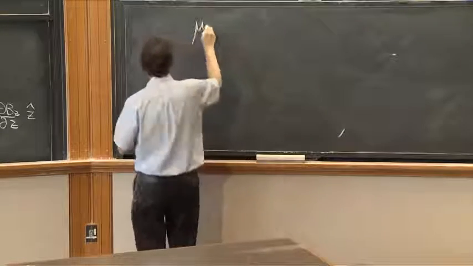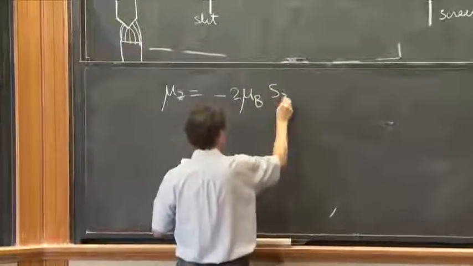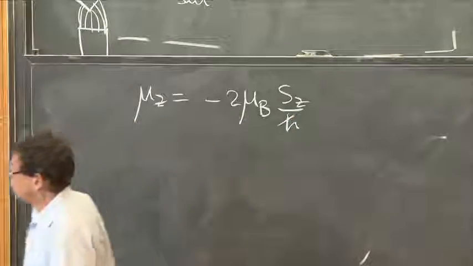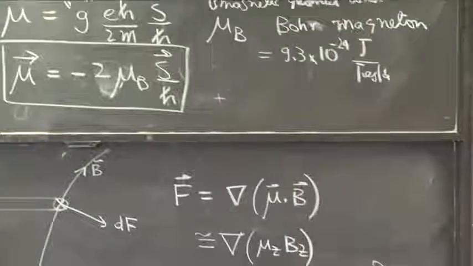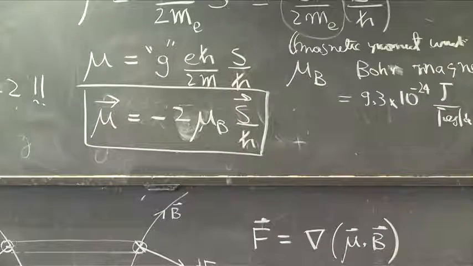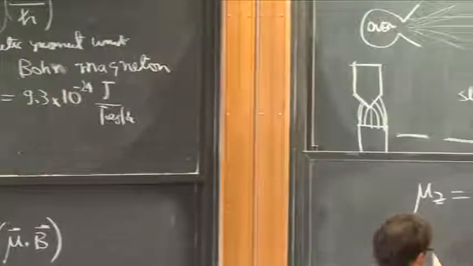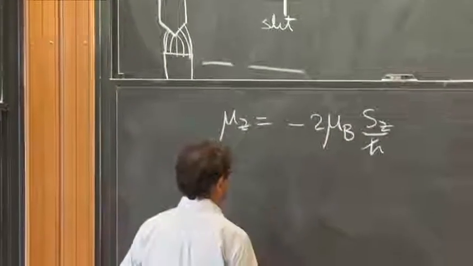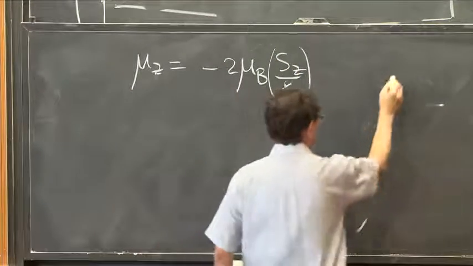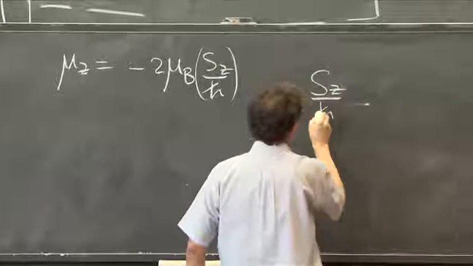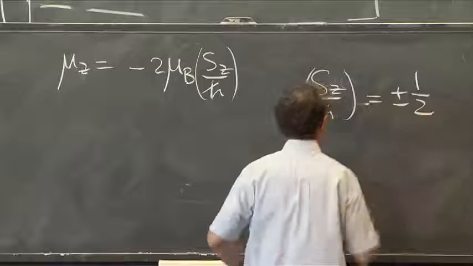but with the idea that mu_z is equal to -2 Bohr magneton S_z over h bar, which we wrote before. Well, if you know the strength of your magnetic fields, you can calculate the deflections. You know what mu_B is, so therefore you get a value for S_z over h bar. And the experiment suggested that S_z over h bar was either plus or minus 1/2.